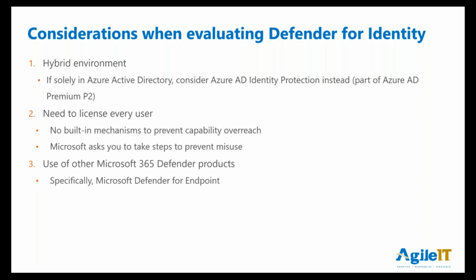But really, these products are stronger together. So if you already have them and you're considering Defender for Identity, this is a good way to go about that. And if you can't go with a bundled product, but you really want to know which two add-ons are going to be the most advantageous, Defender for Identity paired with Defender for Endpoint is probably your best bet.